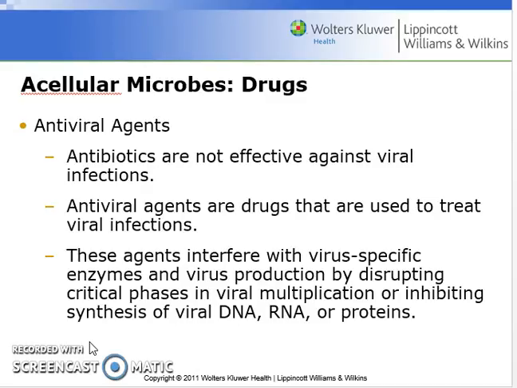Messing up these replication processes will prevent viral DNA and RNA and viral proteins from being created. Those are the targets that our drugs are built to combat, to prevent viruses from doing a lot of damage to the body.